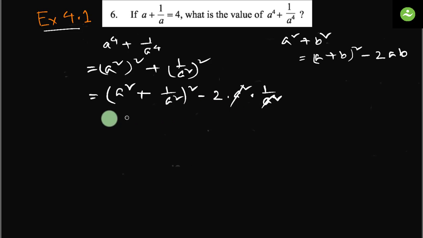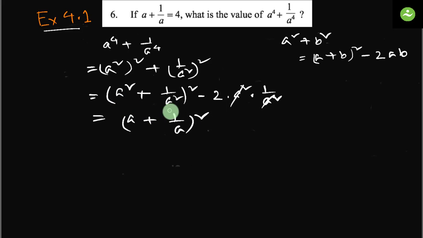Now it is minus 2, and we apply this formula again, because this looks like a square plus b square. So we have to continue until we get to this format, a plus 1 by a, a plus 1 by a whole square, just this part.